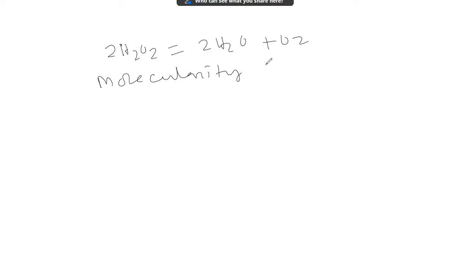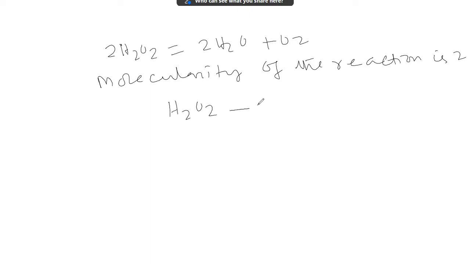Suppose look at here, 2H2O2 gives you 2H2O plus O2. So molecularity of the reaction is 2. But if they ask you the order of the reaction, the reaction takes place in 2 steps, which is provided to you.